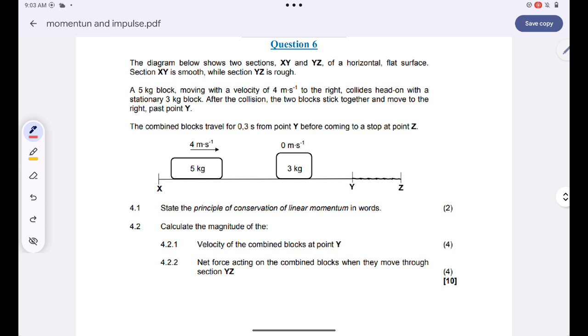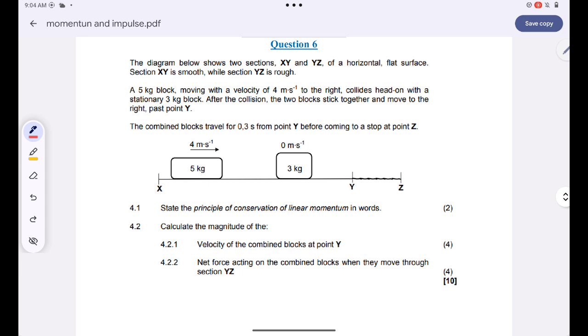The diagram below shows two sections, XY and YZ, of a horizontal flat surface. Section XY is smooth, while section YZ is rough. A 5 kg block moving with a velocity of 4 meters per second to the right collides head-on with a stationary 3 kg block.